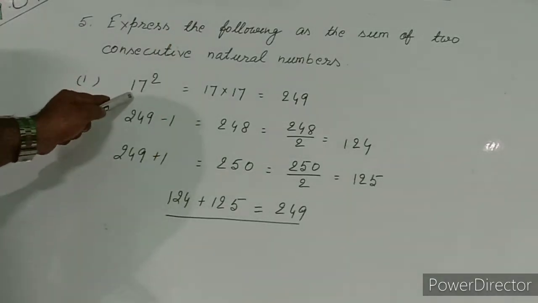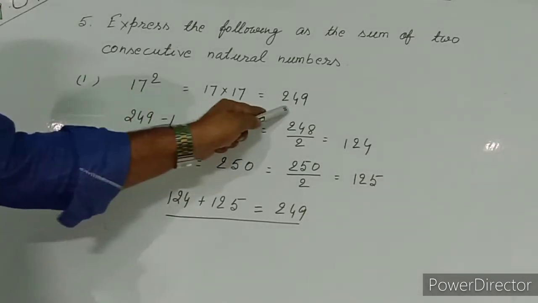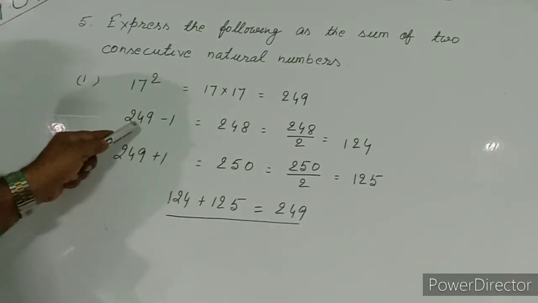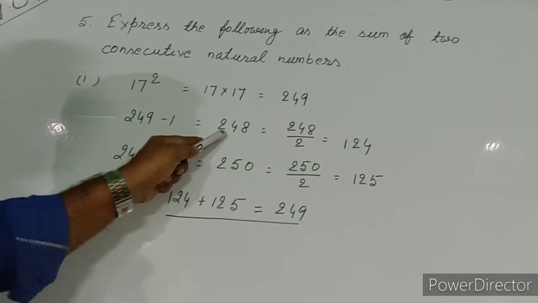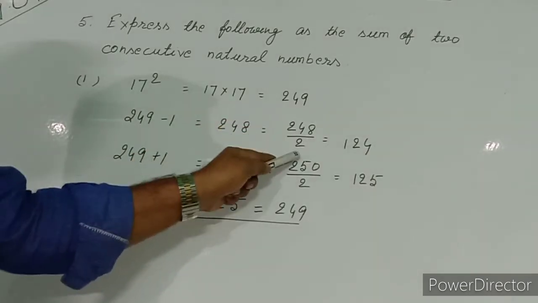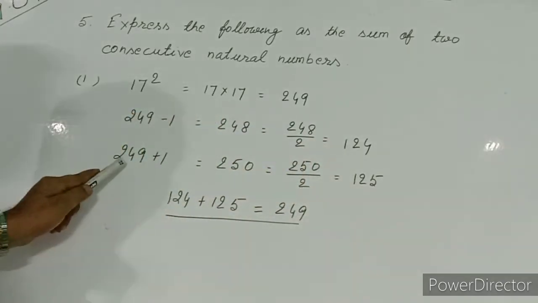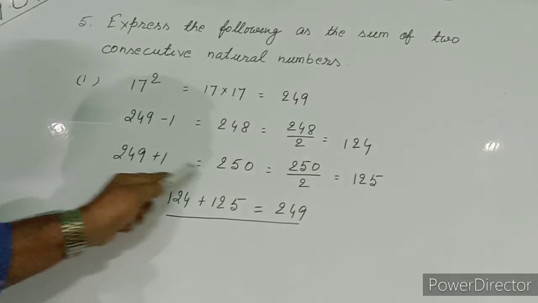First of all, 17 square is there. So I got 17 into 17 equal to 289. Firstly I subtracted 1 from it. I got 288. Then I divided it by 2. I got 144. In the second case, I added 1 to 289. So I got 290.